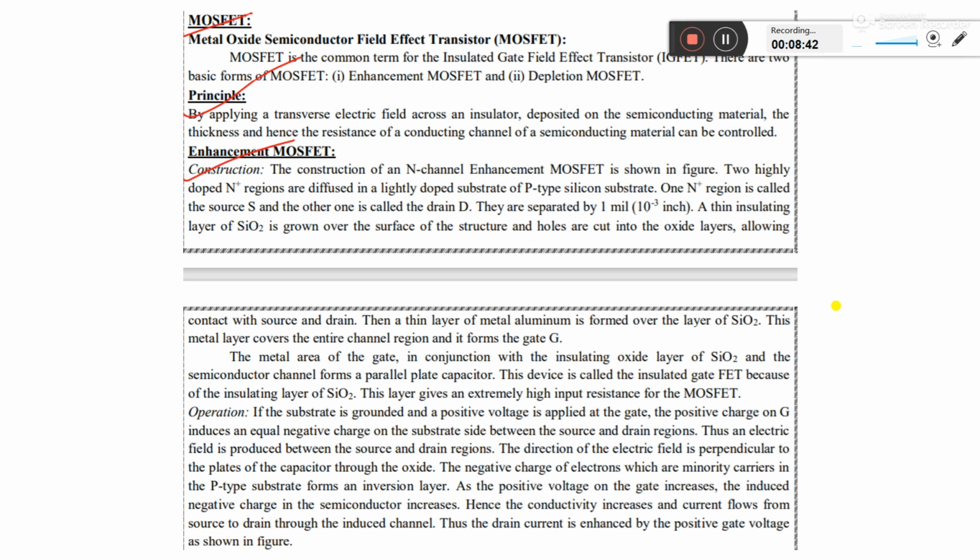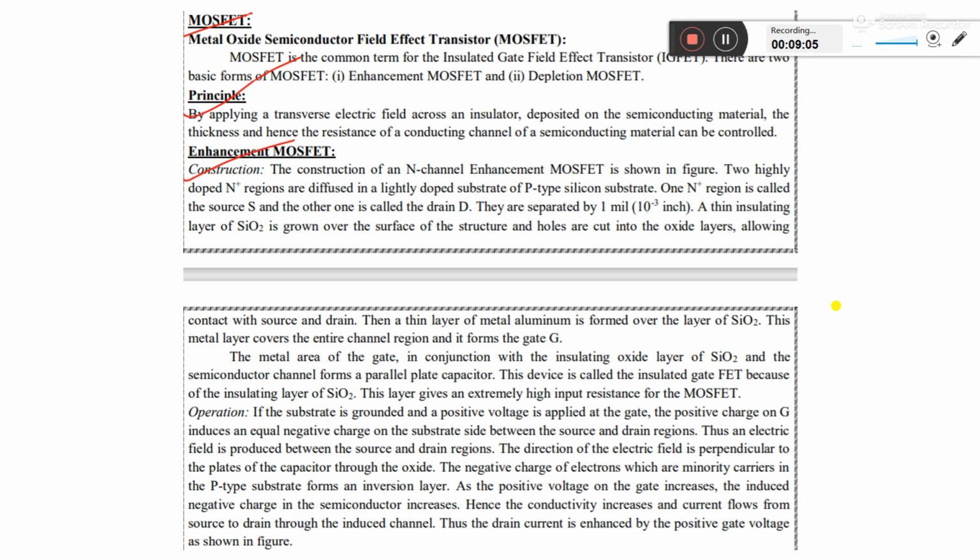Here, if the gate voltage is positive, then the gate terminal, the plate side, is accumulated with a positive charge, and the space between the drain and source is accumulated with the opposite charge, that is, a negative charge. That's why it is called the enhancement mode. Here we get the drain current as a maximum.